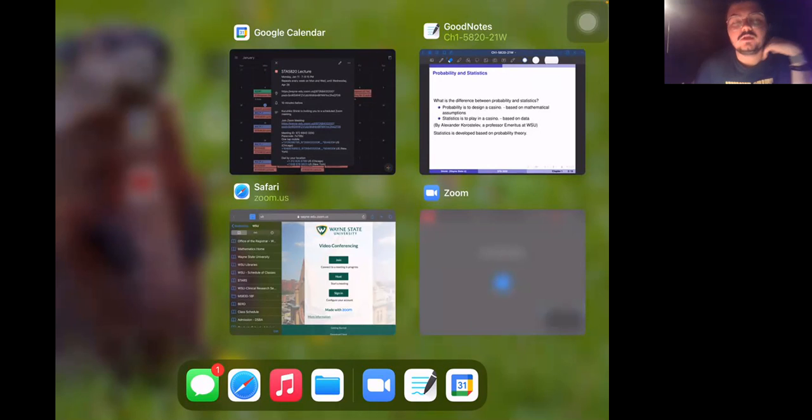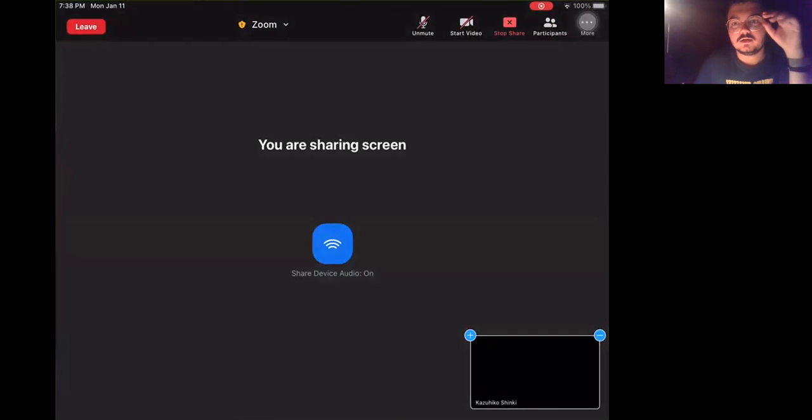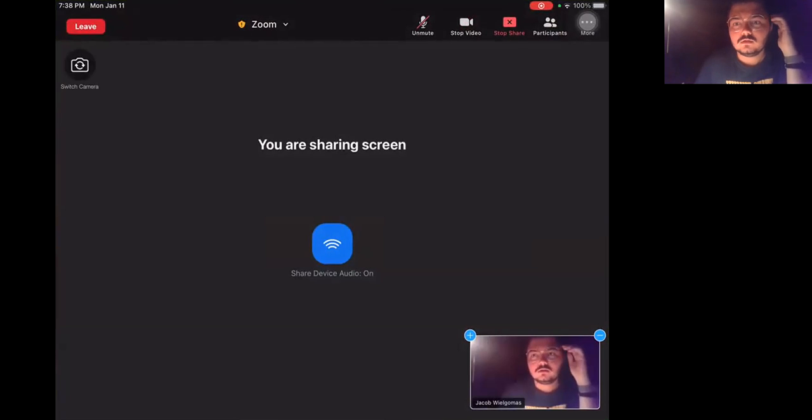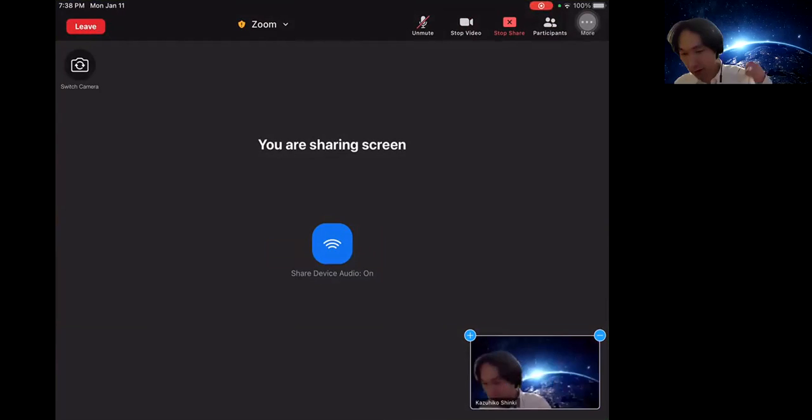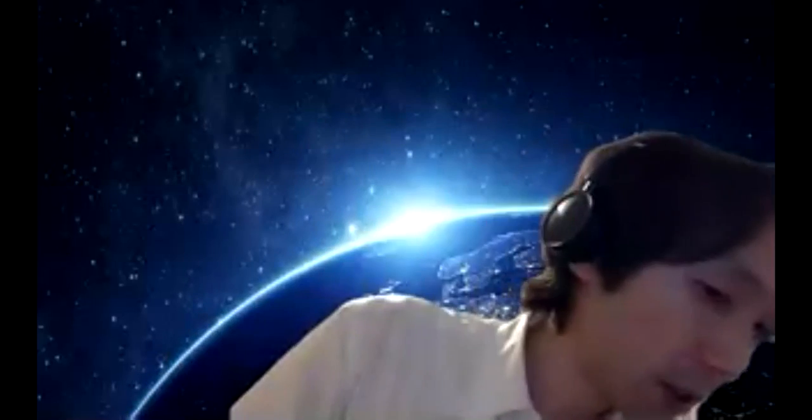Are you writing the notes on the iPad, correct? I think I logged in on 2 computers, so that's why. If you mute your computer and keep the iPad on, for example, then it should not cause any problem. Maybe I have to mute my iPad. Then I can still write on the iPad. Probably that's a better way to go. You should be able to hear, right? Yes. Okay, great.